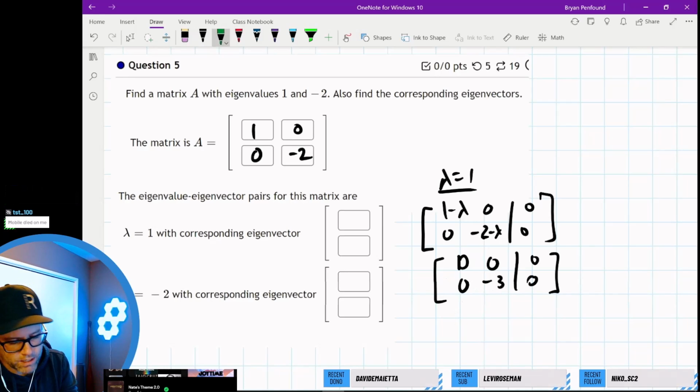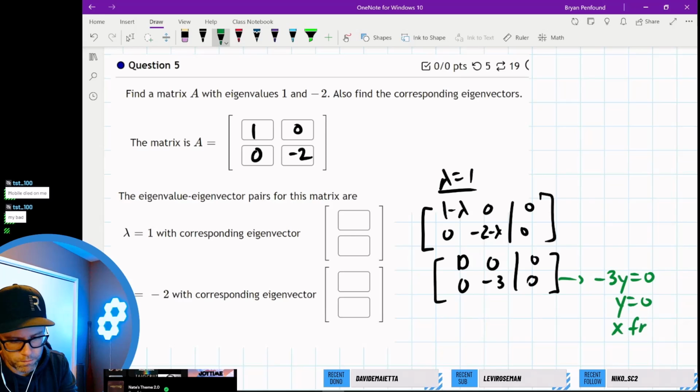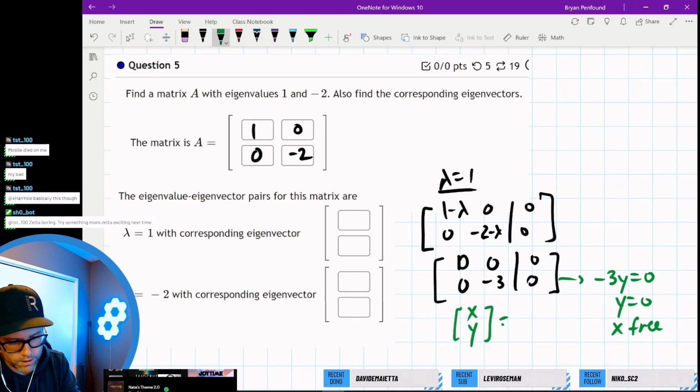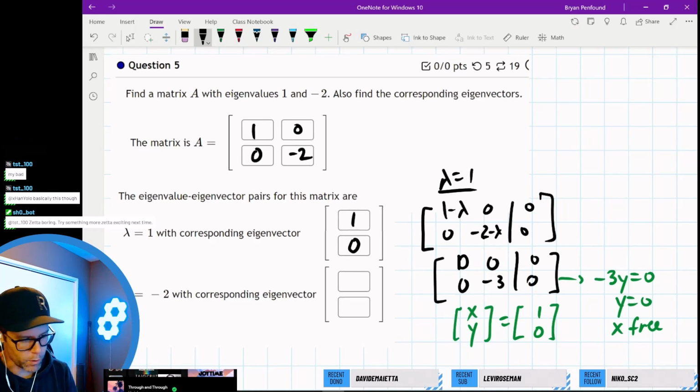It's not in reduced echelon form, but I don't need to do too much here. I basically just need to know that negative 3y is equal to 0. So y is equal to 0, and x is a free parameter. So my eigenvectors are looking something like this. I need y to be 0 all the time, and x can be anything, so I'll just take the number 1.